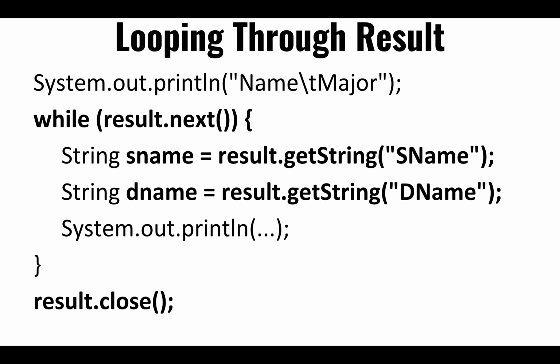Make sense? Right here, we don't have that because these rows could be hundreds of thousands of rows. The query could return all the students in a university, 40,000 students. So it would make no sense to try to instantiate 40,000 instances in memory.